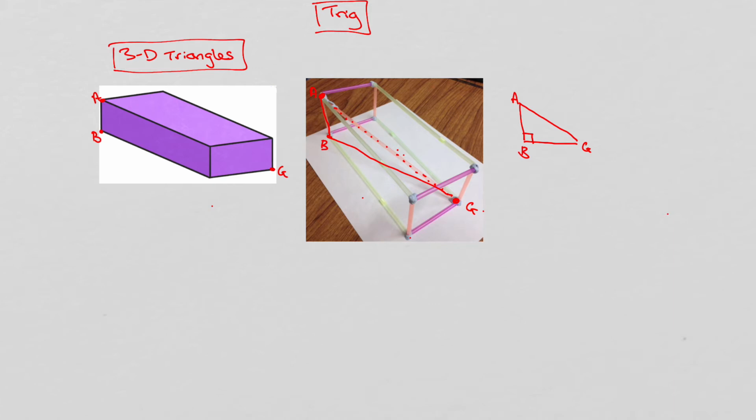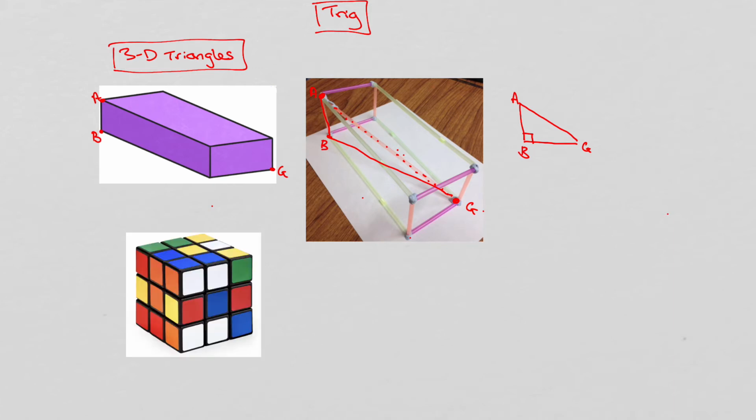Other shapes that we could come across could be a Rubik's Cube. Again, we could be asked for different lengths of sides. You might have A, B, C, and D as the corner points of the Rubik's Cube, and you might be asked to find the side from B to D. If you look at the top of that shape, what is it?